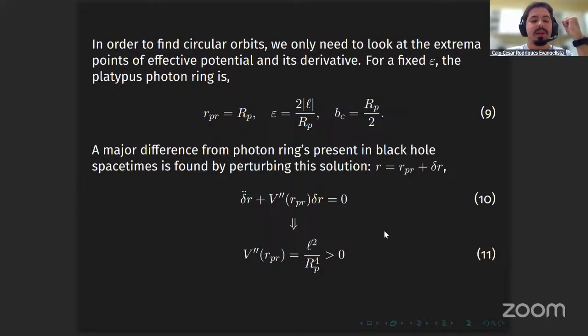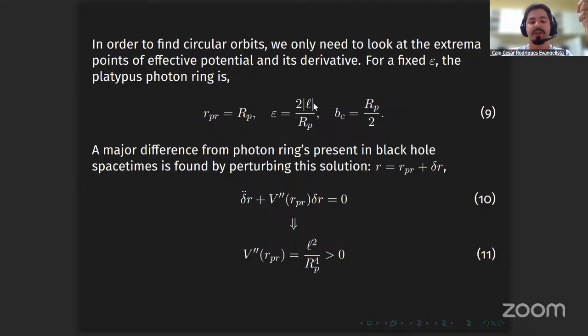And the equivalent of the photon ring, the light ring, photon sphere, whatever you want to call it, is exactly this natural length that we have in this space-time, what we call RP, or the platypus radius. And the energy is given like so.